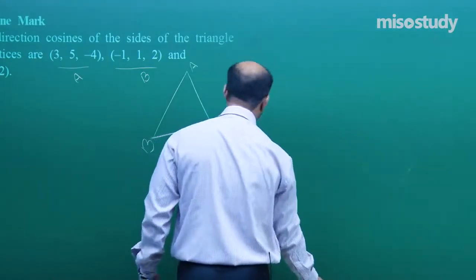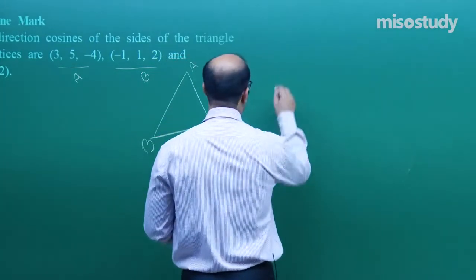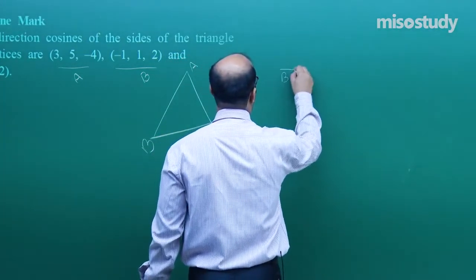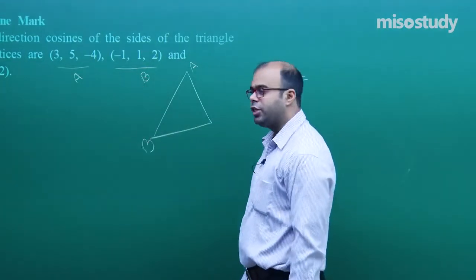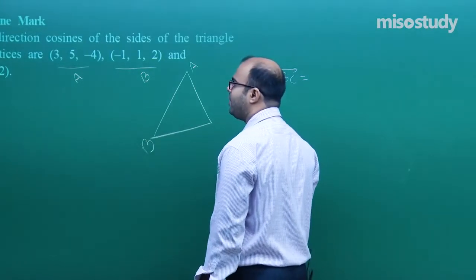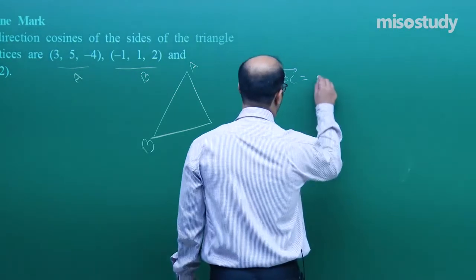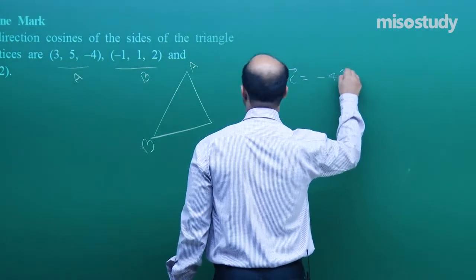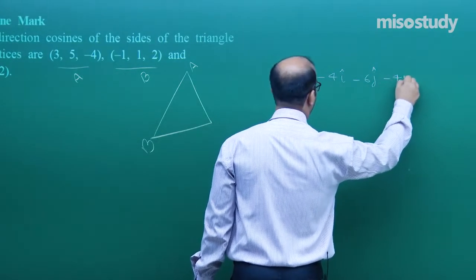So, let us proceed for the side BC. This is C now. If we want to find the vector BC, we will again subtract the position vector of B from the position vector of C. So, we will get minus 4i cap, then minus 6j cap, and then minus 4k cap.